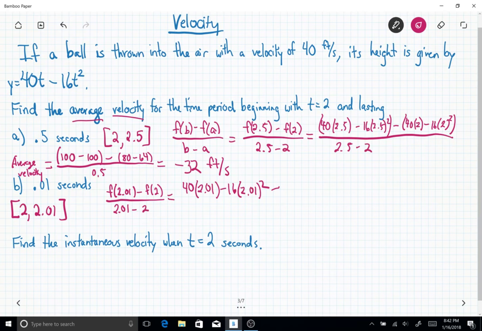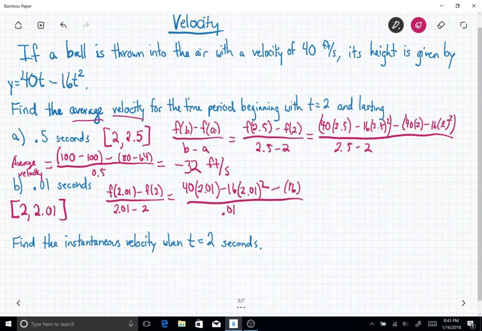So on the next part, minus the f of 2. So let's see here what we got. f of 2 was 16. Okay, and then you have 0.01 going on, is what you're dividing by. So now it's just kind of a plug and chug thing. So 40 times 2.01 minus 16 times our 2.01 quantity squared.